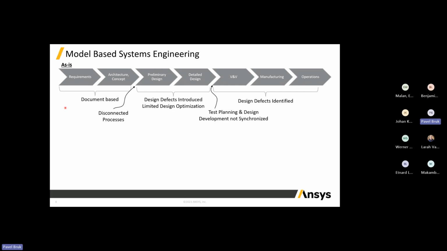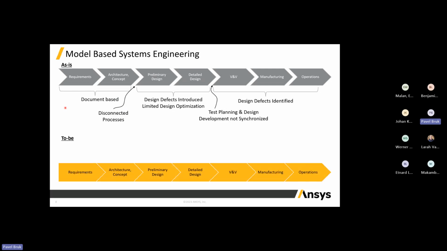It can be electronic documents, but still just disconnected documents, separate files or separate links without any traceability across the life cycle. With such an approach, we have disconnected processes. We have design defects identified very late in our life cycle. We have design defects introduced by not being connected with initial requirements to the product. We have limited capabilities of design optimization, and so on and so forth.